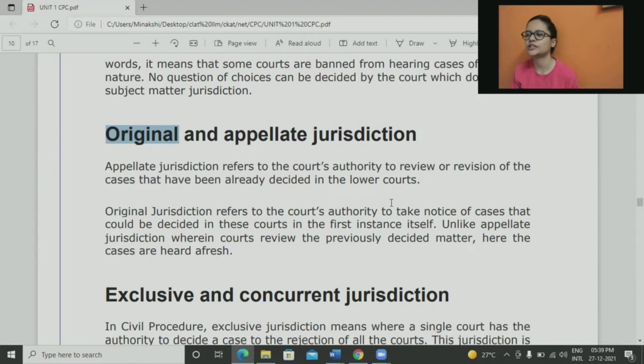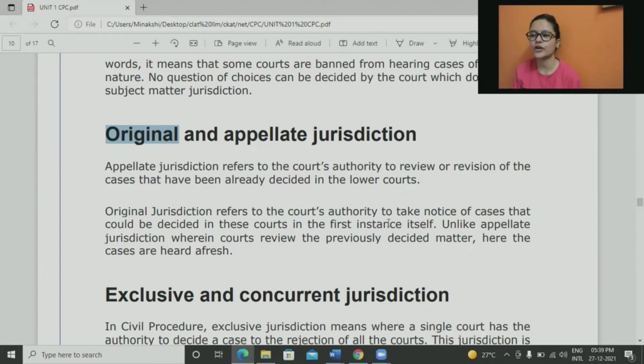Appellate jurisdiction refers to the court's authority to review, revision, or appeal related matters, where you were not happy with the decision given by a lower court. That is why you have come to the higher courts. The court will entertain a matter, and it's not the first time that you are approaching the regular court. You have come from some subordinate courts before it.